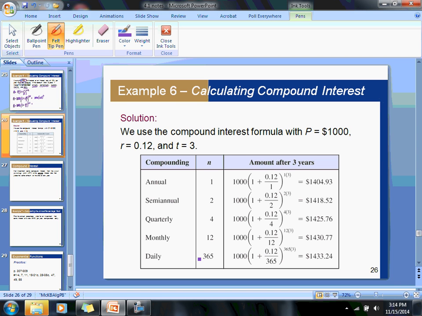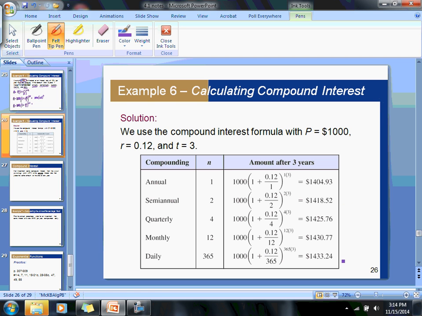Okay? Because I'm not testing you on knowing that knowledge so much as I am the application of the equation to get your answer. Okay? So basically, after a year, you'd have $1,404.93. Okay? If it's compounded semi-annually, you get a little bit more. You get $1,418.